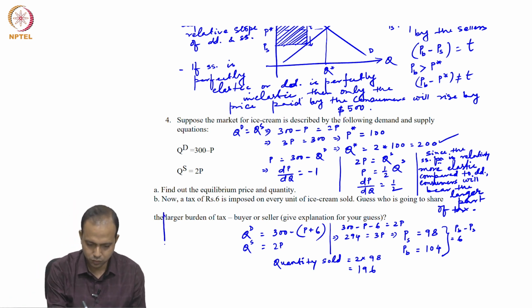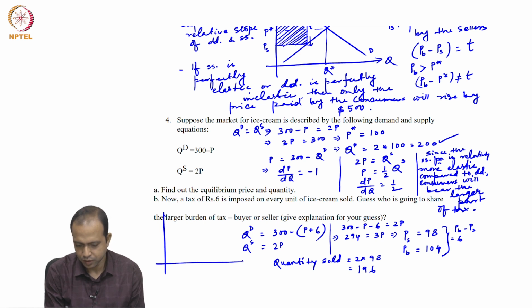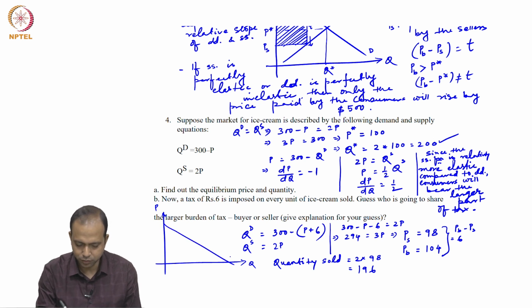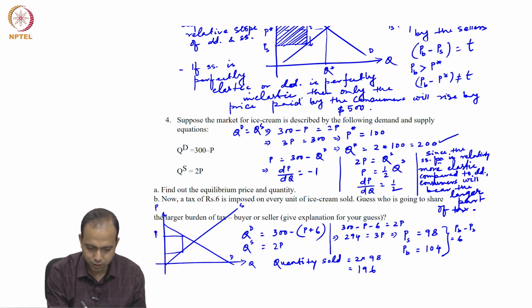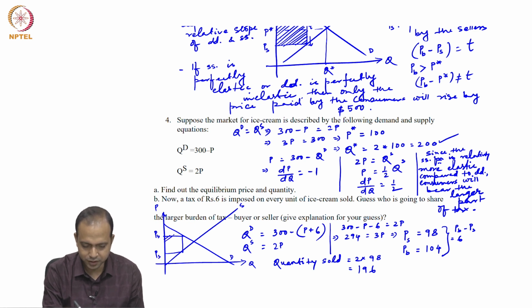So, this is Q, this is P, demand, this is let us say supply, and we know that this is PB, this is PS, this is the tax revenue, and this is the deadweight loss, right.